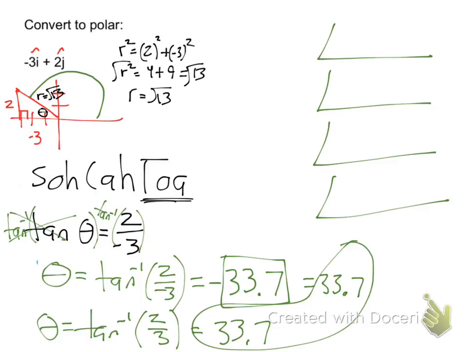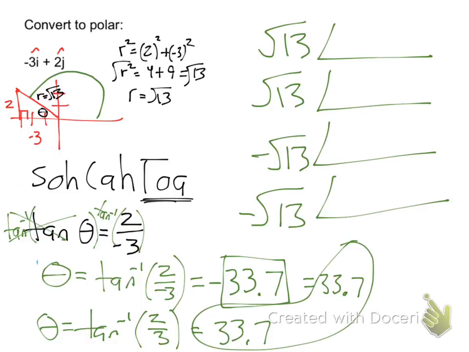We should know 2 of them are going to be positive square root of 13, and 2 of them are going to be negative square root of 13s, right? So I will fill in the positive and negative angles as I find them. But let's start with that first green line.